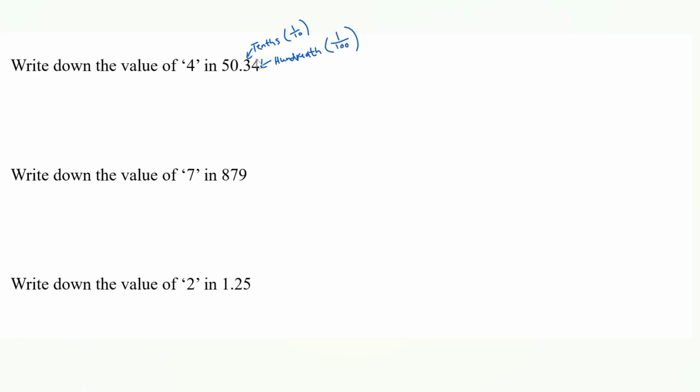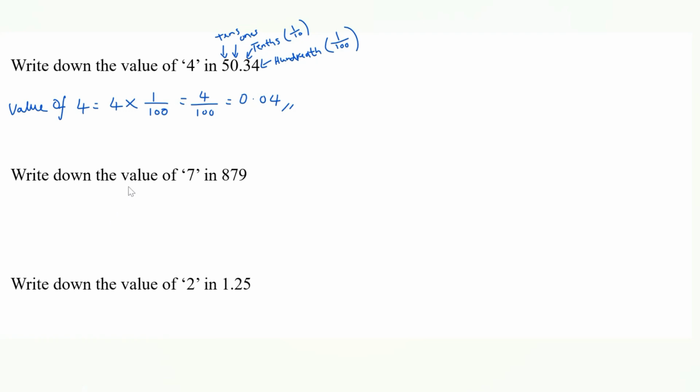So it will be ones, and this tens. Now we need to find the value of 4. So we will multiply 4 by 100th, which is 4 over 100, and that gives us a value of 0.04.